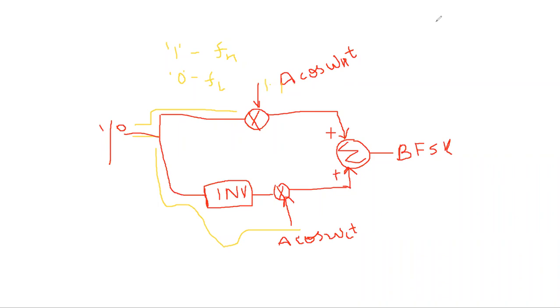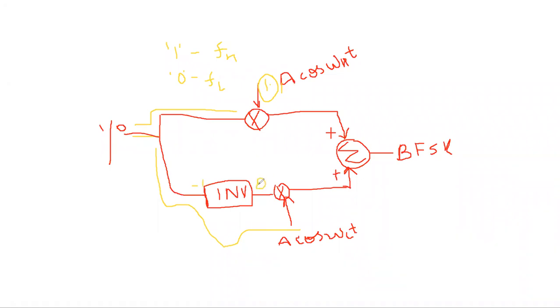Logic 1 has some positive amplitude, and that is multiplied with the carrier. In the lower branch, it is given to the inverter, so the input will be 1 and the output will be logic 0.